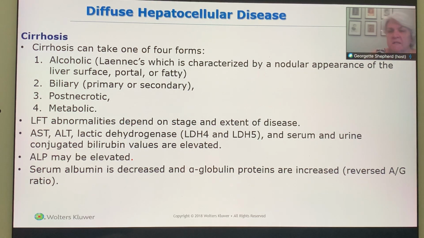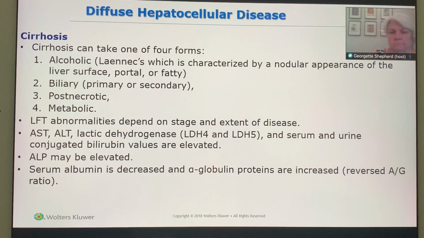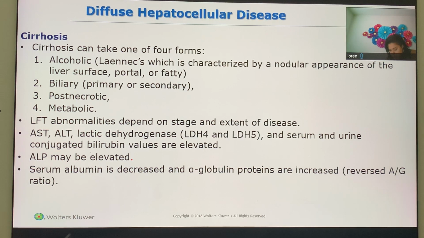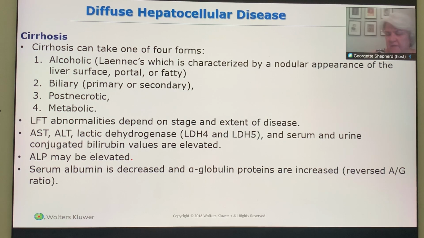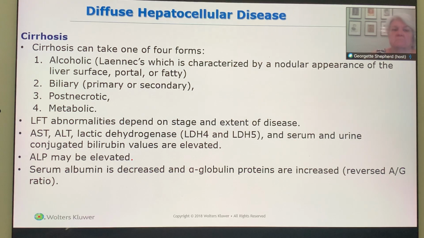For cirrhosis, it's an undulated Glisson's capsule and a small, hyperechoic liver. Glycogen storage disease is going to be a very large liver, hyperechoic also. With cirrhosis, you'll have increased LFTs.